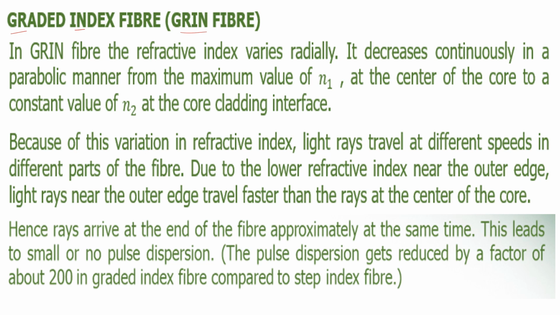Okay. So now how this GRIN is going to be? Means once again we have to draw the picture. We don't have space here. I will just draw it smaller. You just see here. This is core and this is cladding.